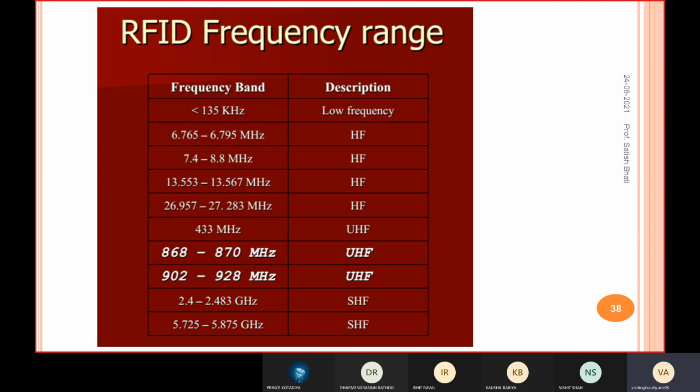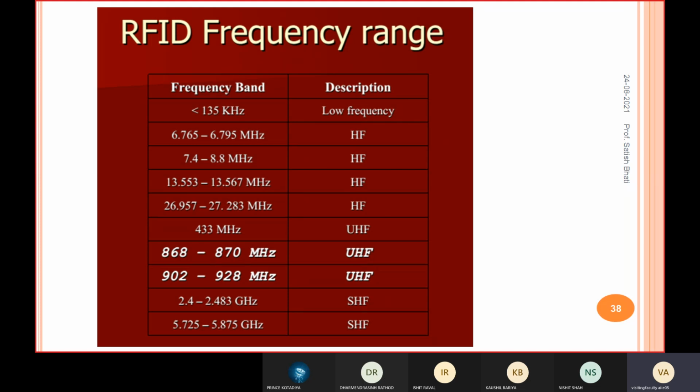So in RFID we are using low frequency. In some applications we are also using high frequency. In some applications we are also using UHF, which is ultra high frequency. U for ultra, H for high, and F for frequency. That range is 433 megahertz to some 900 megahertz, right?